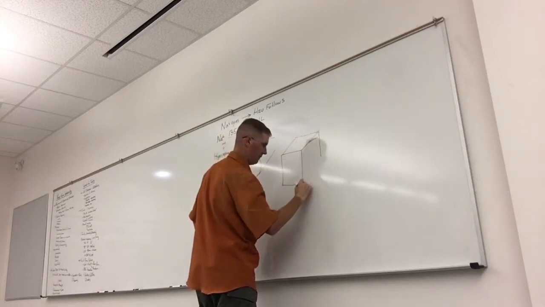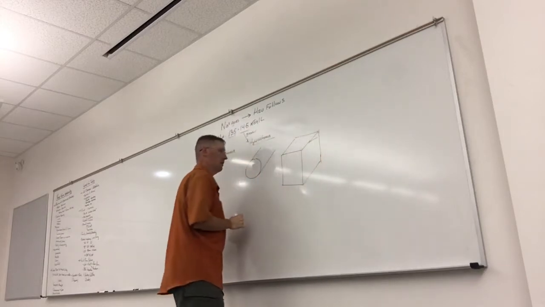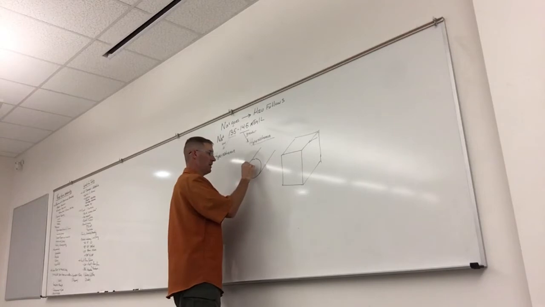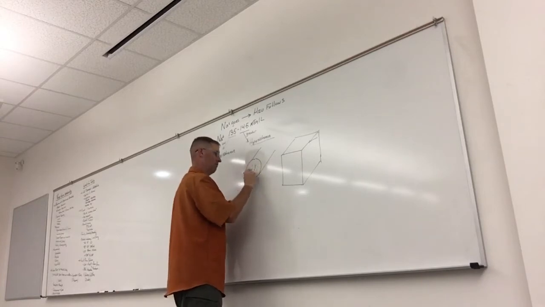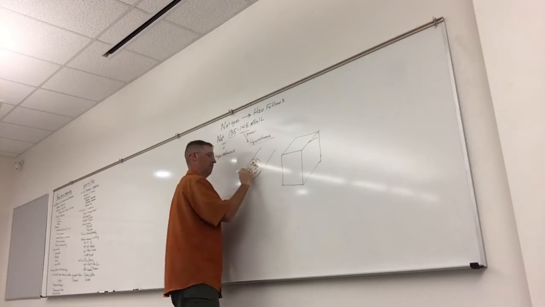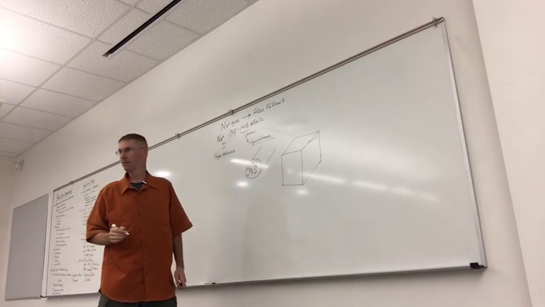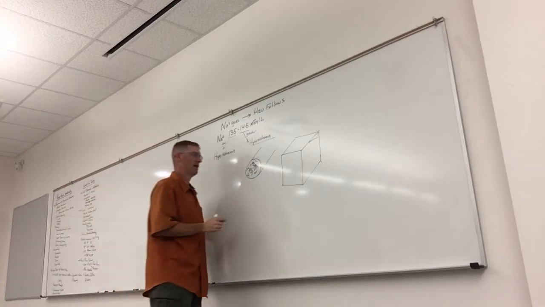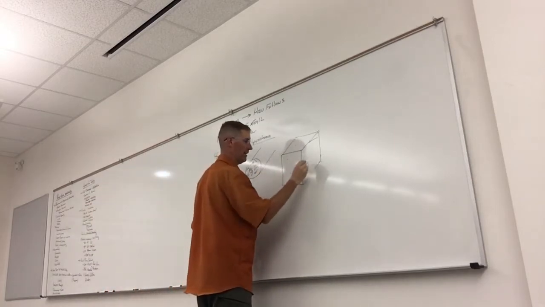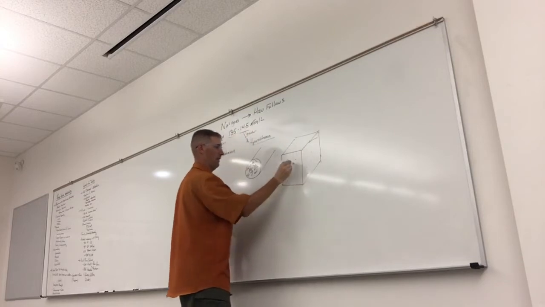All right. So hypernatremia is going to be what? It's going to be a lot of sodium in this compartment here, right? And much less sodium in this compartment here.